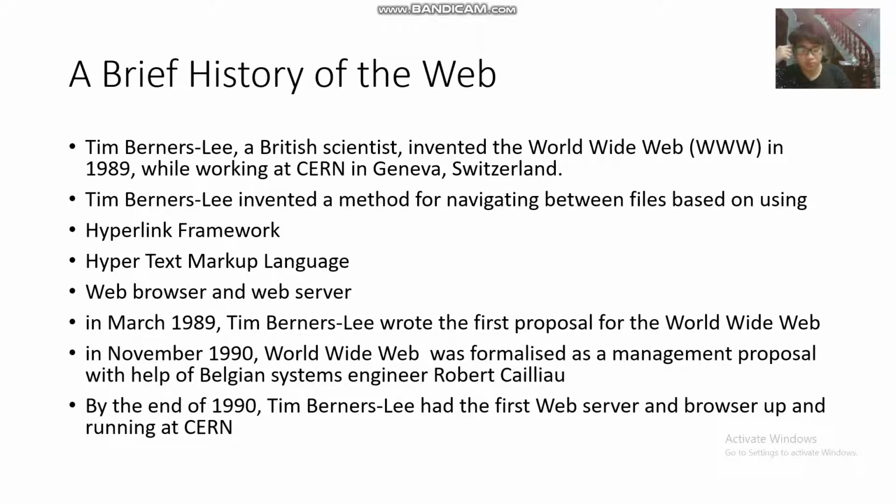In March 1989, Tim Berners-Lee wrote the first proposal for the World Wide Web, and in November 1990, the World Wide Web was formalized as a management proposal with the help of the Belgian systems engineer Robert.